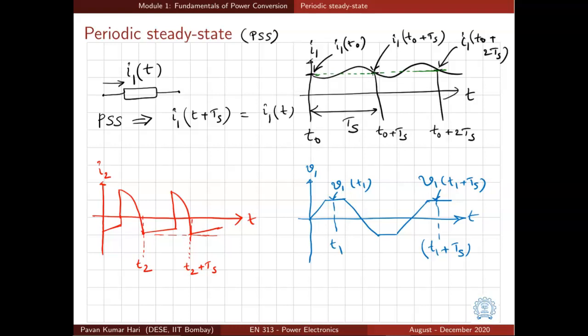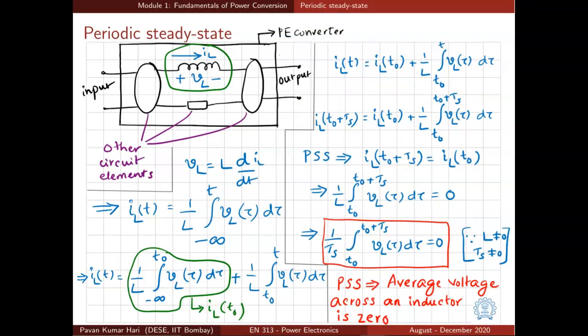So this condition, the periodic steady state condition, together with the properties of circuit elements, inductor and capacitor, will help us arrive at some interesting results which are useful for the analysis of voltages and currents in a power electronic circuit. Let us consider the waveform of current through an inductor in a power electronic circuit.